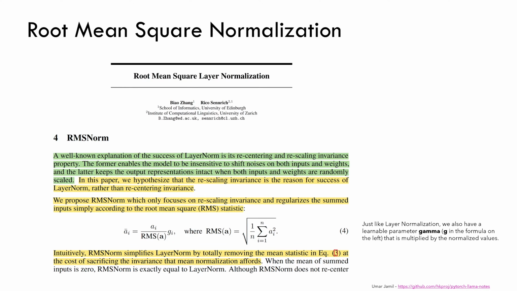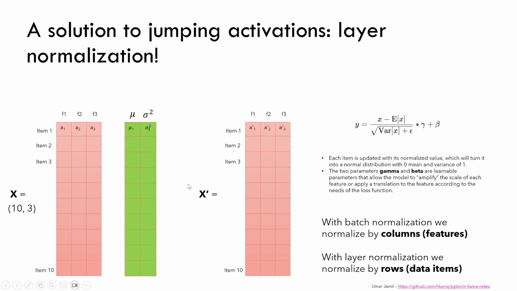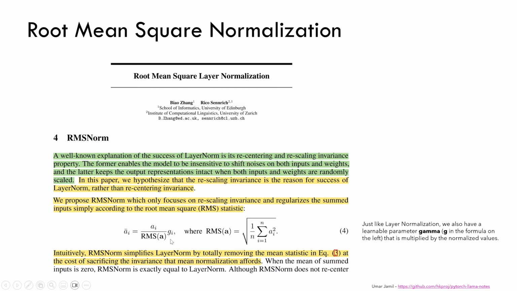They do exactly the same thing that they did in layer normalization. They calculate the RMS statistic by rows, one for each row, and then they normalize according to this formula: they divide by the RMS statistic and then multiply by this learnable gamma parameter. Now, why root mean square normalization?